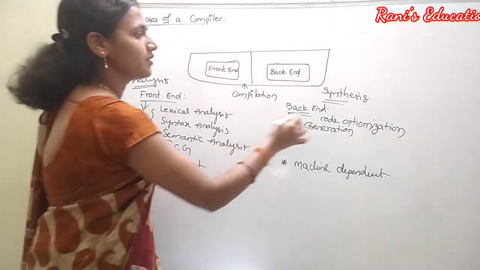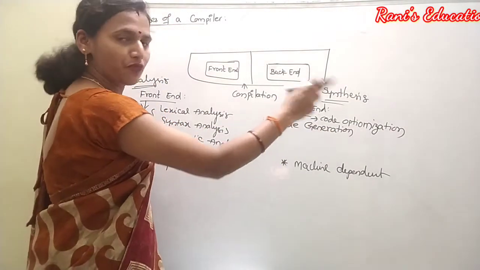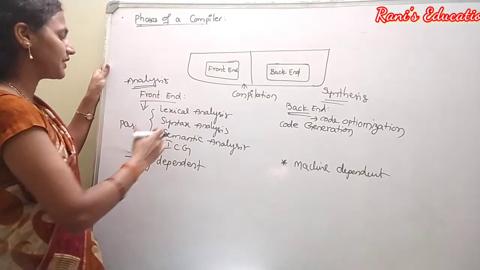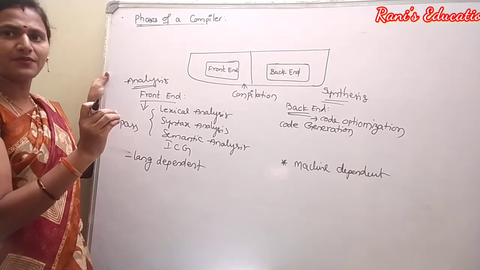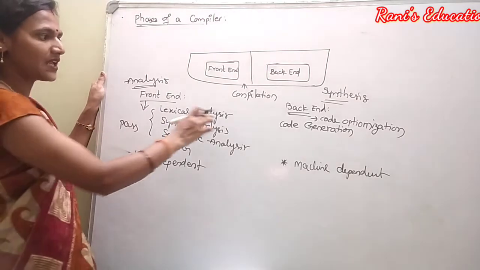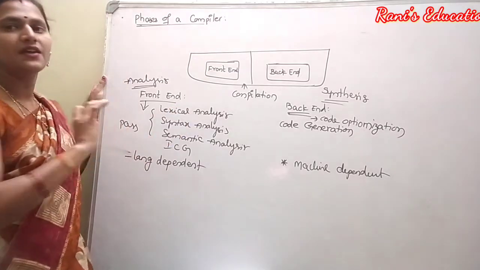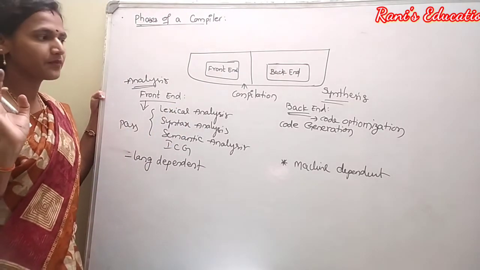Code optimization is an optional one, so we can call it one pass. Code generation is another pass. This is how we define a pass. A phase is something which performs some actions: what is the input, and what type of output it will produce. That is done by a phase of a compiler.